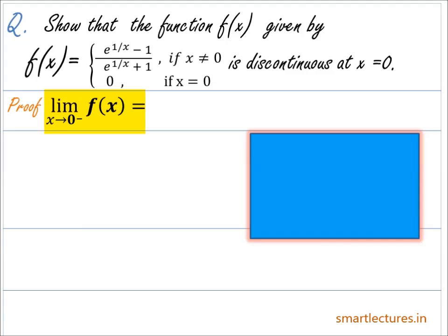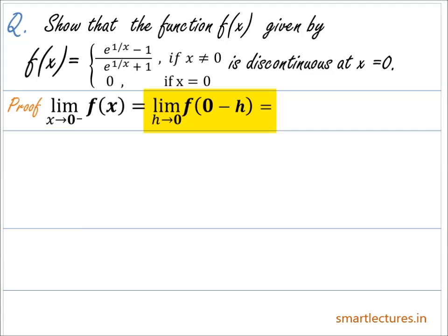And now if we write x as equal to 0 minus h, then when x approaches 0, h will also approach 0. So that means this limit can also be written as limit h approaches 0 f of 0 minus h, which is equal to limit h approaches 0 f of minus h.